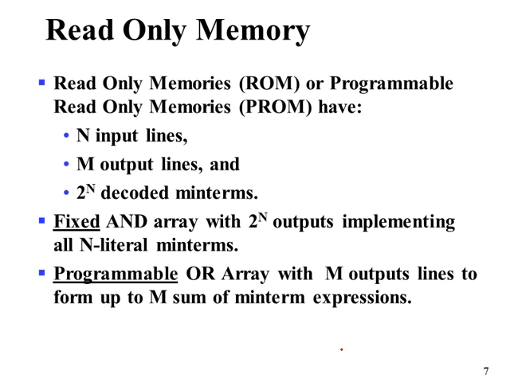In the read-only memory configuration, you have a fixed AND array and a programmable OR array. Basically, you have N inputs and M outputs, and internally it provides 2 to the N decoded minterms, which means that with N inputs, you have all possible combinations of inputs, and you can have a minterm for each combination.